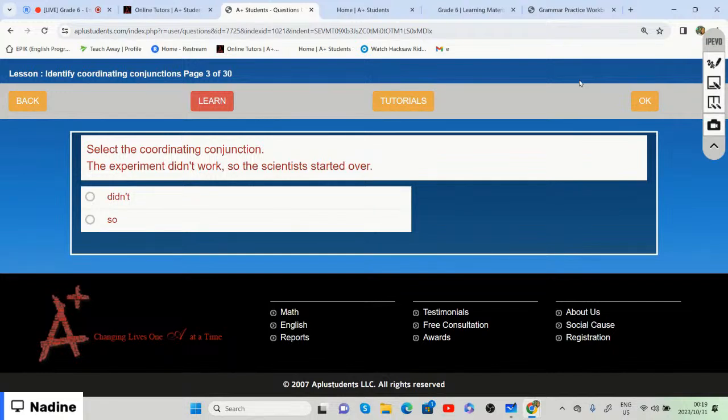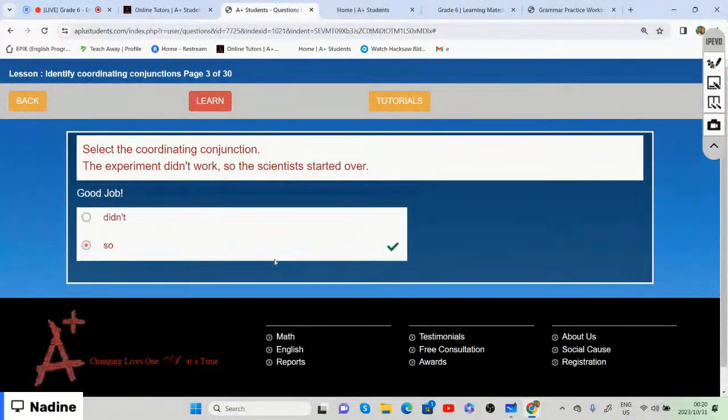All right, so if we select the correct coordinating conjunction, we can say "so." So is our correct coordinating conjunction within that sentence.